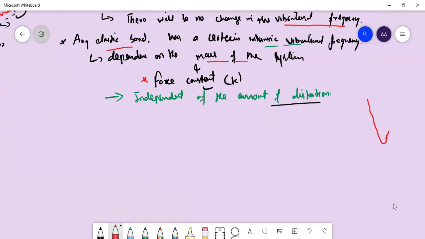So the structure of the parabolic curve will change depending upon the value of your K. The higher the value of K, that is, the stronger the bond between the two atoms, the sharper will be the curve of this parabola. It means if the value of K is higher, then the well becomes very narrow, or I can say steeper.